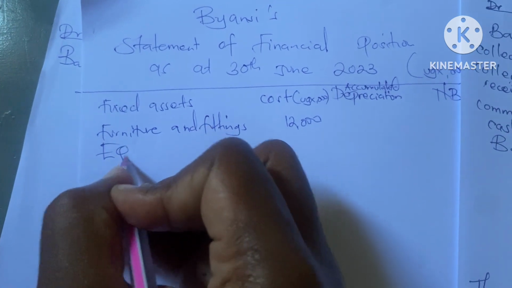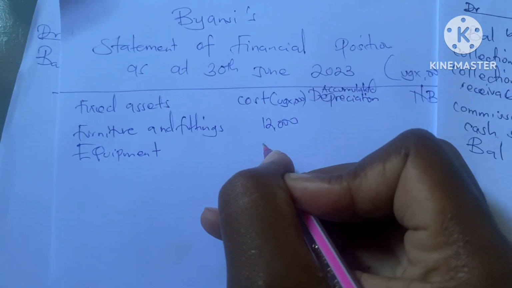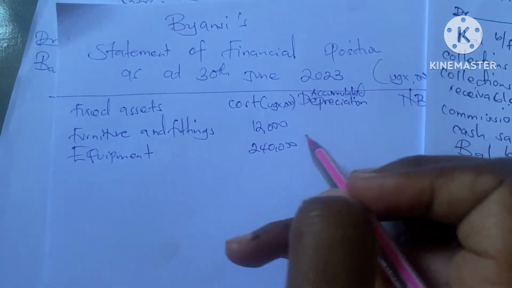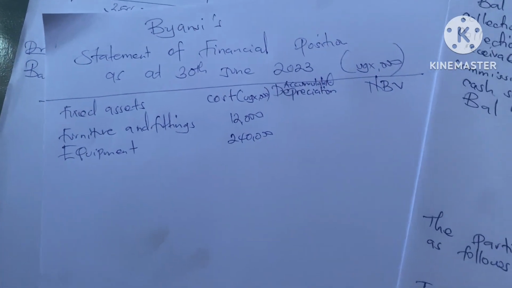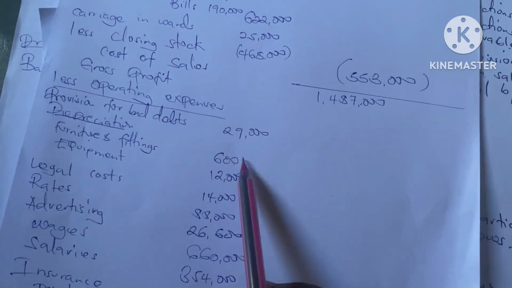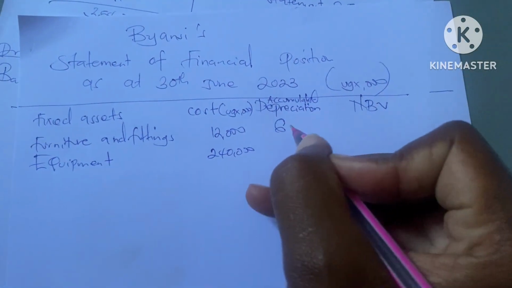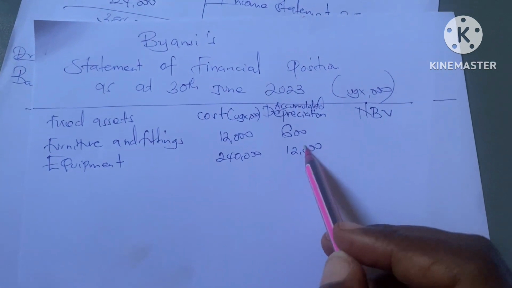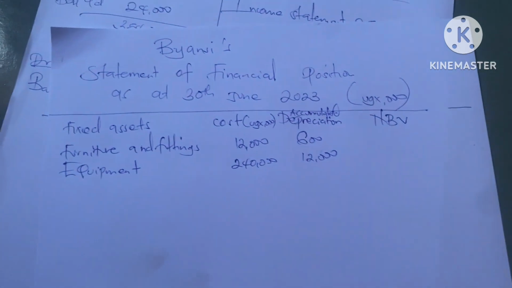Then equipment, it is 240,000. Then the depreciation, according to our statement of profit or loss, we determine the depreciation, this 600 and then 12,000. The net book value, we get this minus that to get what we put here.